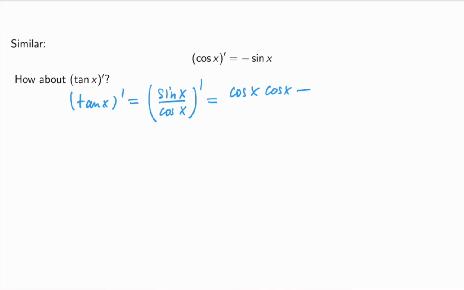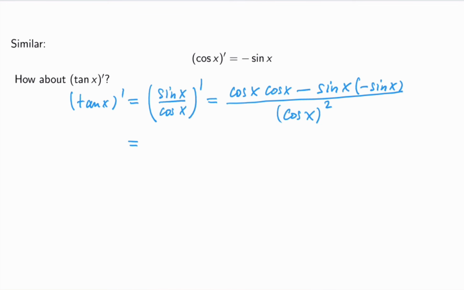Minus high d low, high is sine, and the derivative of cosine is minus sine. So we get this. Draw a line and square below. And of course we square the denominator.